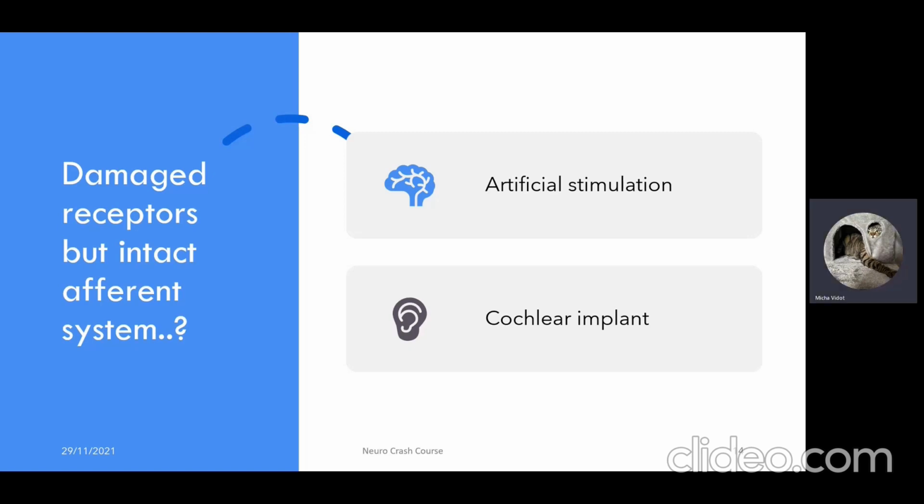It does sound very different from how normal auditory transduction of sound is. So people who have cochlear implants might describe sound as being quite different, and that's because it's being artificially stimulated. But this is very difficult to do for the visual system, and they haven't quite figured out how to do that yet.